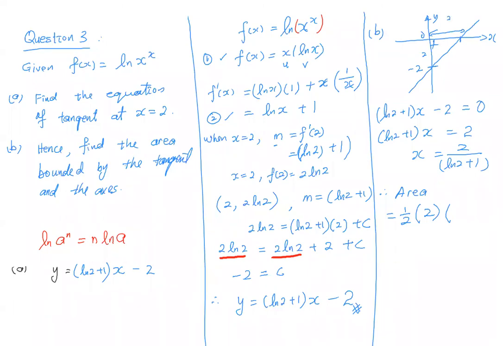Here is 2 over (ln 2 + 1). What should I write here? 2 over (ln 2 + 1). So this one and this one cancel. So my answer is 2 over (ln 2 + 1) unit square.